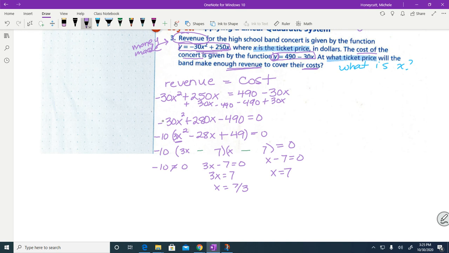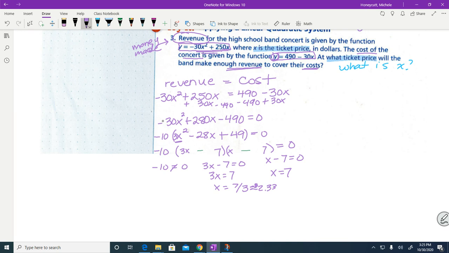So what x values would cover the revenue cost? Well, I've got two options, 7/3 and 7. If I change 7/3 into a decimal, because we're talking about dollars here, this is approximately $2.33.